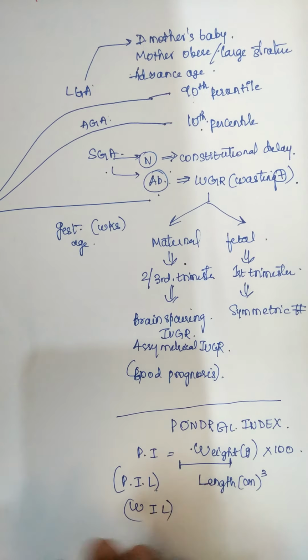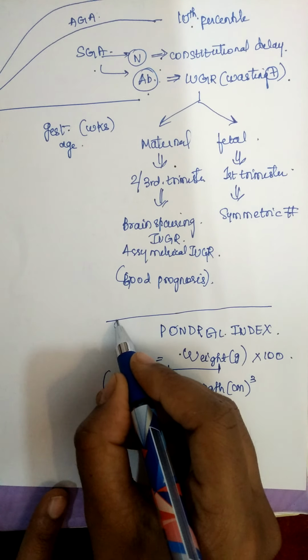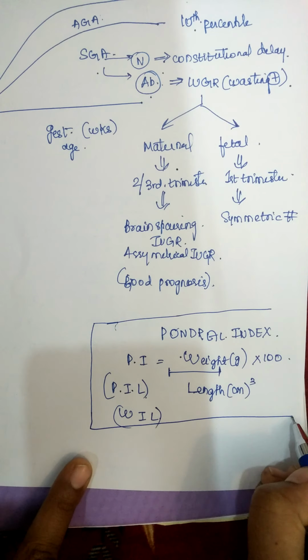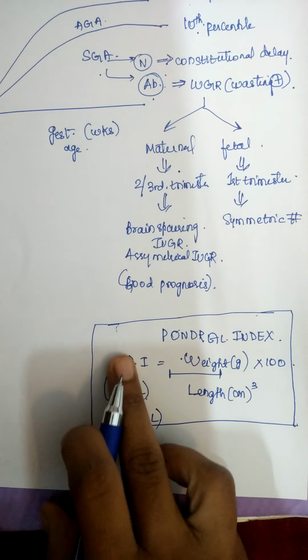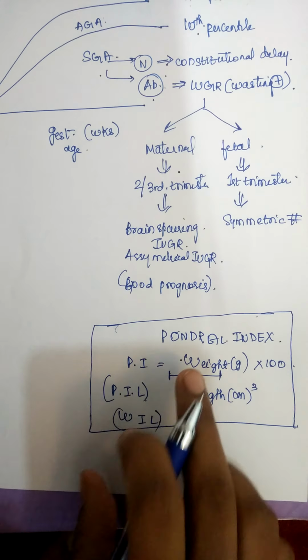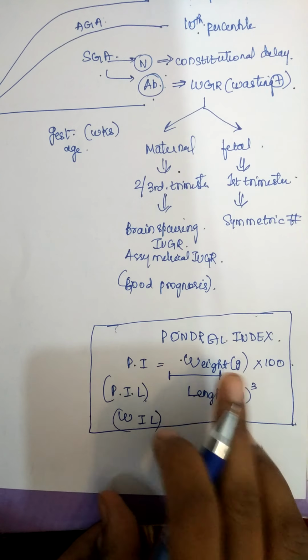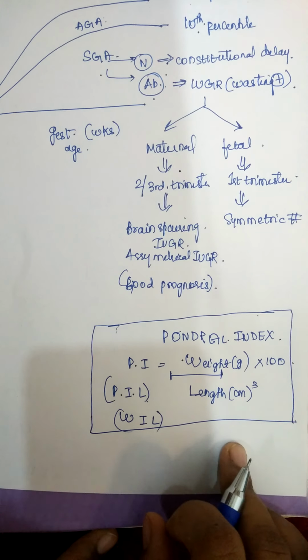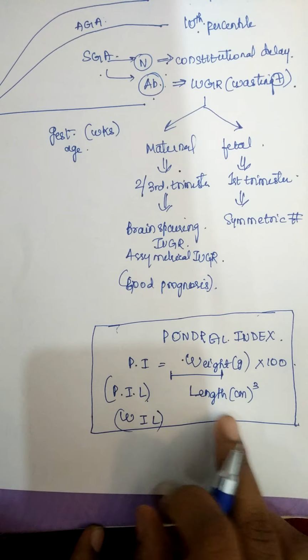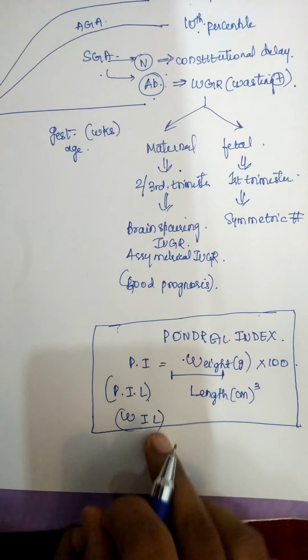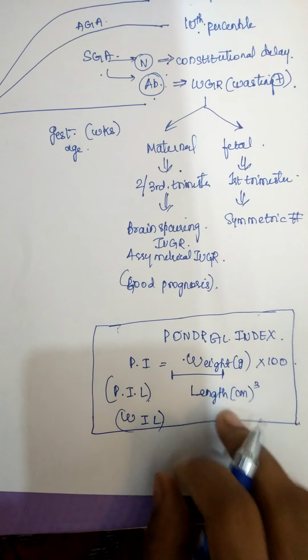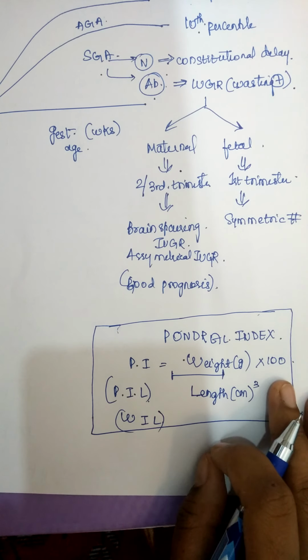This is the formula for the Ponderal index, that is PIL, pill is for will. So the Ponderal index is weight in grams divided by length in centimeters, and it is a cube. Remember pill and will, three letters, so you have to raise the denominator to the power of 3. So this is the Ponderal index.